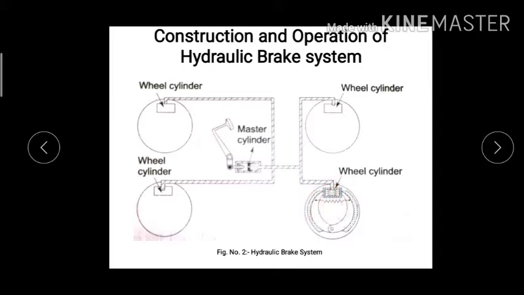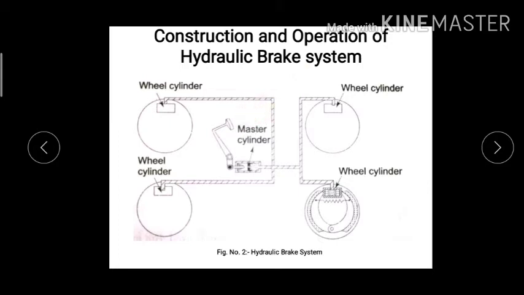Here you can see we have two cylinders, the master cylinder and the wheel cylinder. The master cylinder is the important one; it is the heart of the hydraulic brake system.